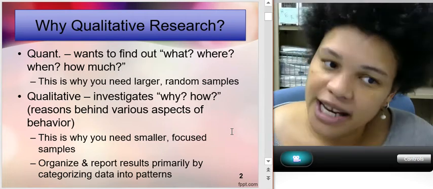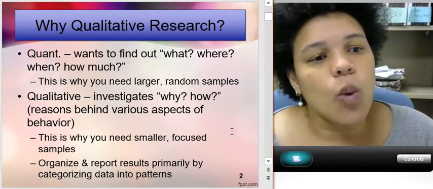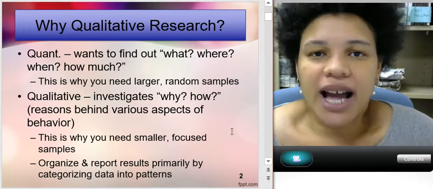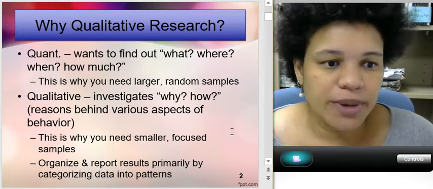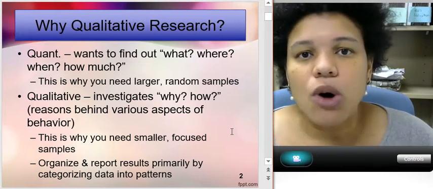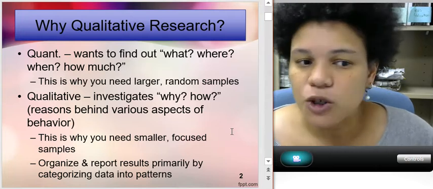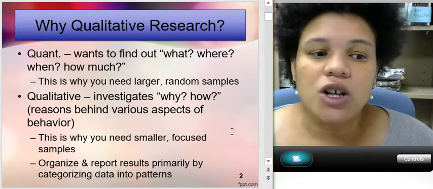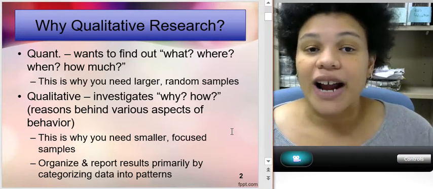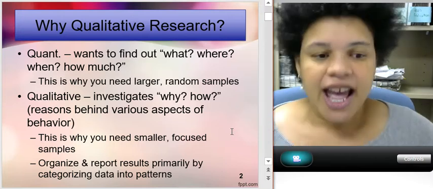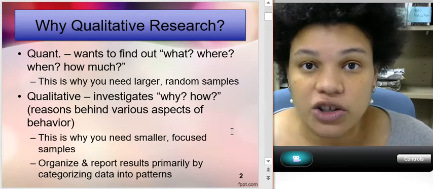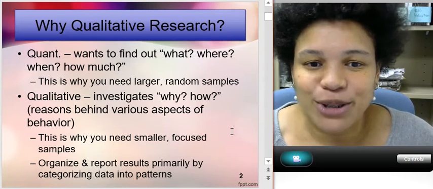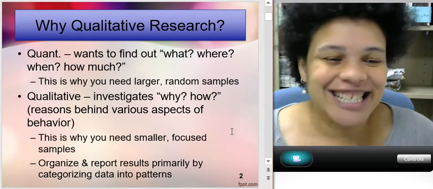Now, for qualitative research, we want to investigate why and how, particularly the reasons behind various aspects of human behavior. So we need smaller, focused samples. And also, we organize and report results primarily by categorizing data into patterns. And now with quantitative research, you're looking for patterns as well, but usually we let the computer do the calculations.